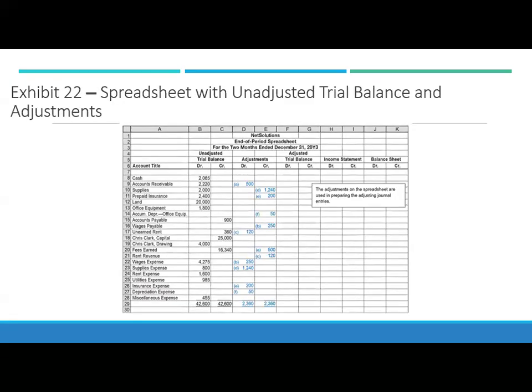Then we prepare all of our adjusting journal entries, and you could imagine other tabs to calculate what these journal entries need to be that could show support, right? This also helps in creating business processes.